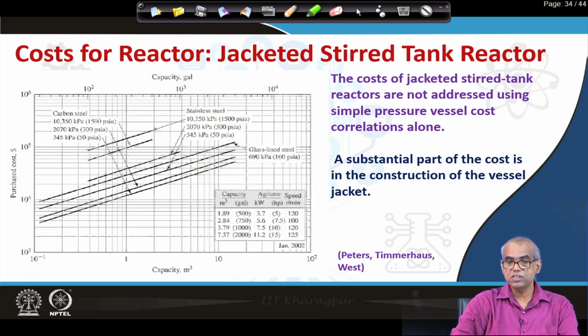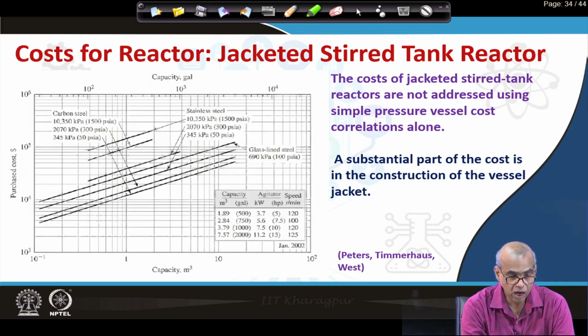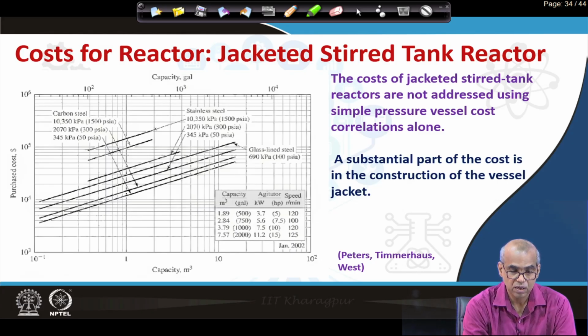The cost of jacketed stirred tank reactors is not addressed using simple pressure vessel cost correlation alone. The reason is that a substantial part of the cost is in the construction of the vessel jacket. In the figure you see how the purchase cost and the capacity of the reactors made from various materials of construction such as carbon steel, stainless steel, glass lined steel are related.